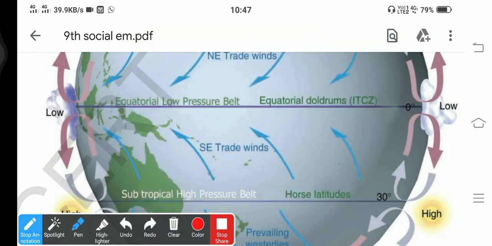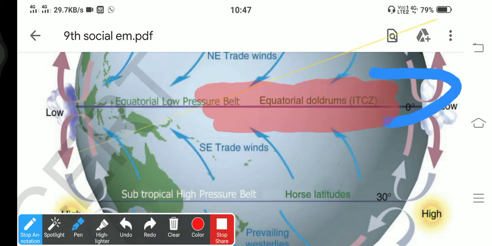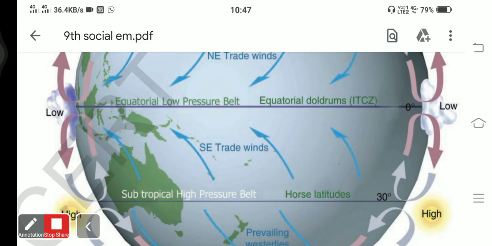And in winter, you see that it is in the northeast direction. This is in winter. So what do you see here? The wind's direction is changed, so the seasons are changed. So seasons occur as the wind's direction changes. So these are called seasonal winds. Understand? Is it clear to you all?